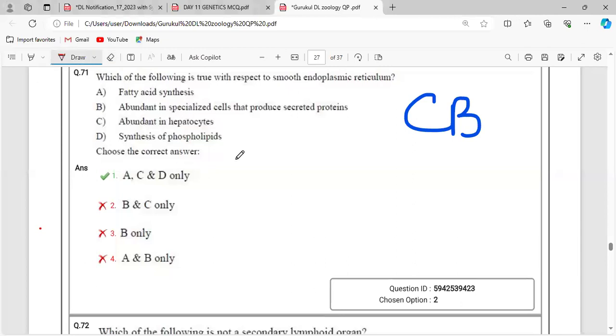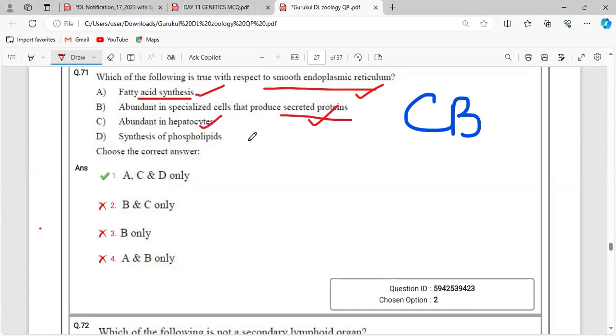Yes, smooth endoplasmic reticulum is responsible for detoxification majorly. That is why smooth endoplasmic reticulum is majorly present in the liver. Fatty acid synthesis and lipid synthesis are the main functions performed by SER, smooth endoplasmic reticulum.